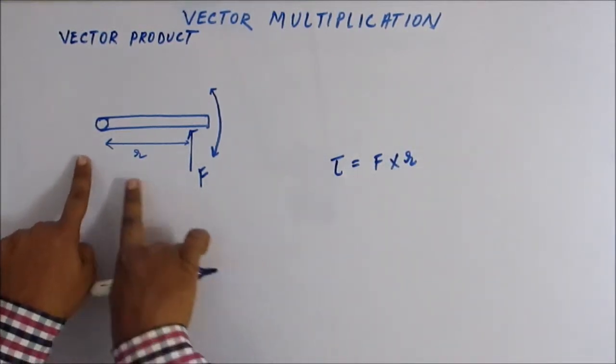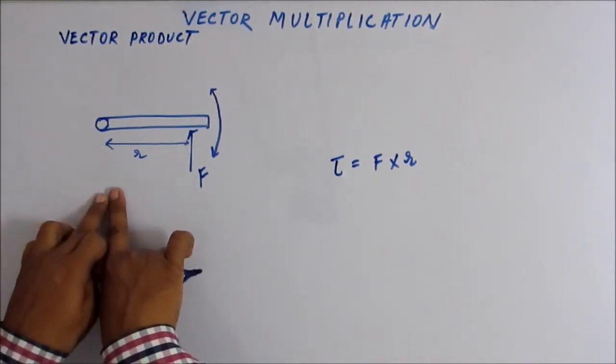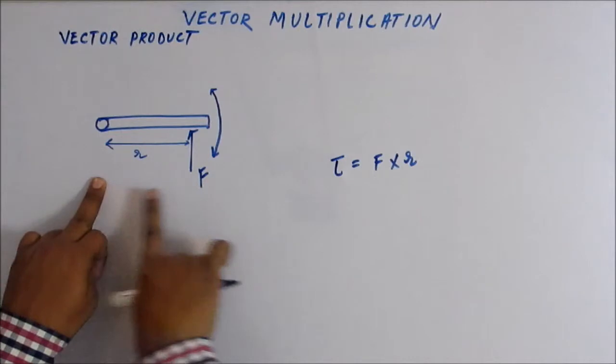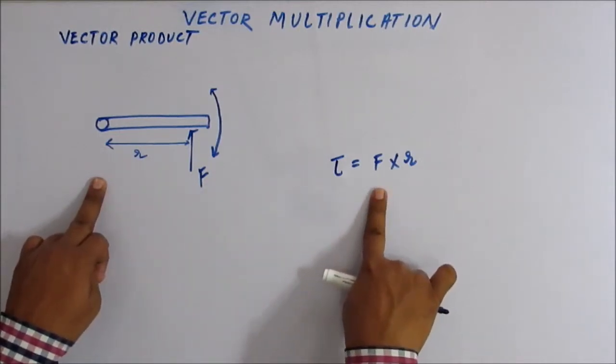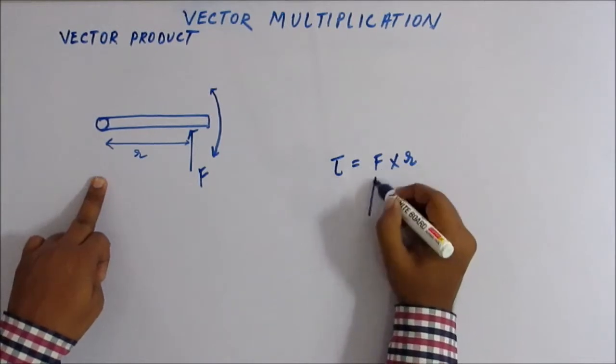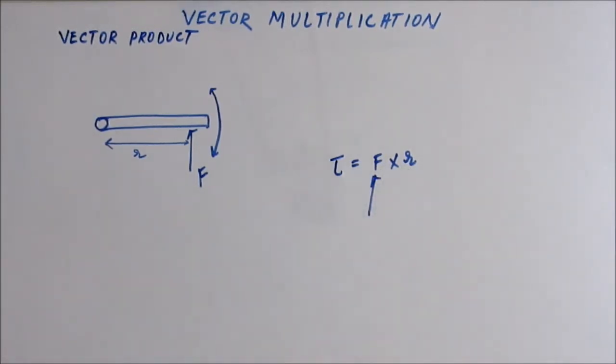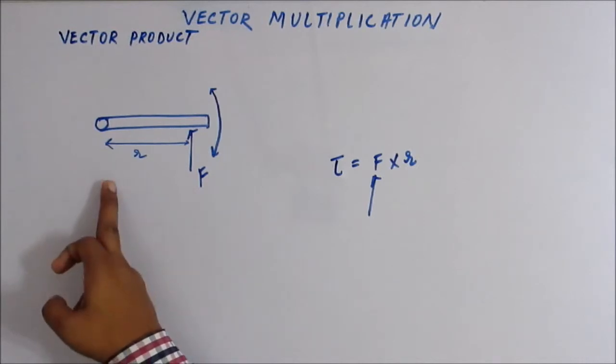So when you go very near to the hinge, the perpendicular distance from the hinge decreases, this R decreases. So to open the door or to have the same amount of torque, this force has to be much larger if R decreases. That's why opening the door or applying the same amount of torque becomes difficult when you move very near to the hinge.